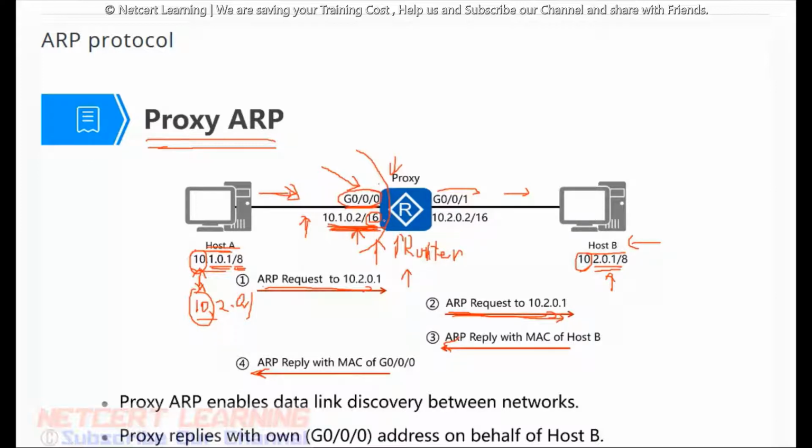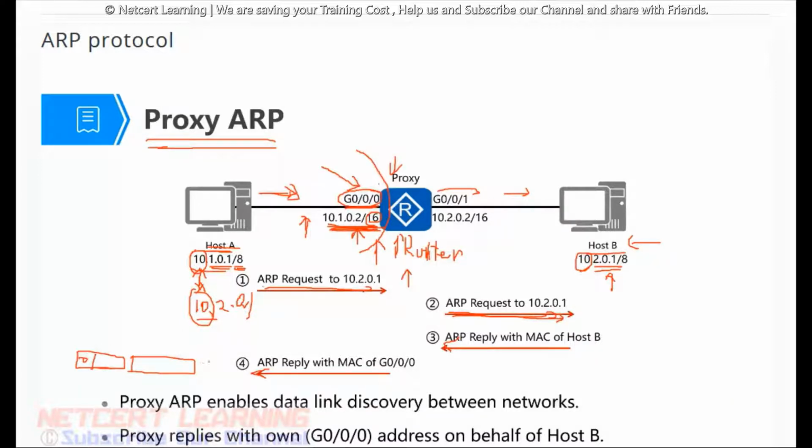G000's MAC address. So after that, host A will send the packet with the destination MAC address being G000's MAC address.